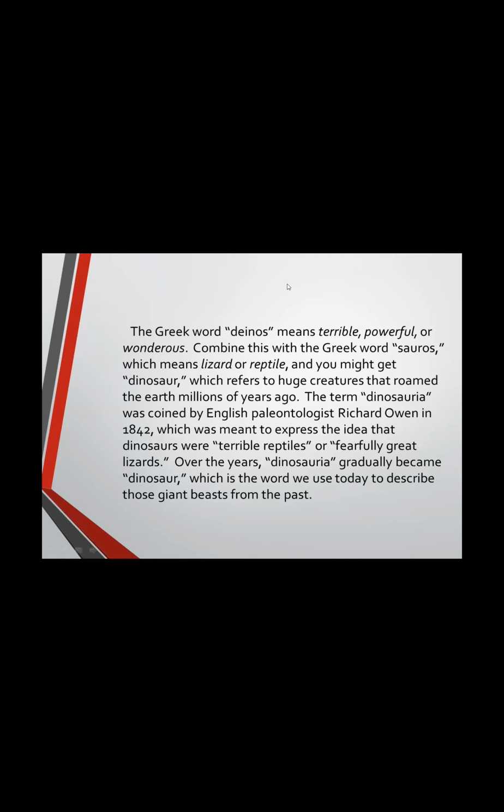The term dinosauria was coined by English paleontologist Richard Owen in 1842, which was meant to express the idea that dinosaurs were terrible reptiles or fearfully great lizards. Over the years, dinosauria gradually became dinosaur, which is the word we use today to describe those giant beasts from the past. Okay, very good.